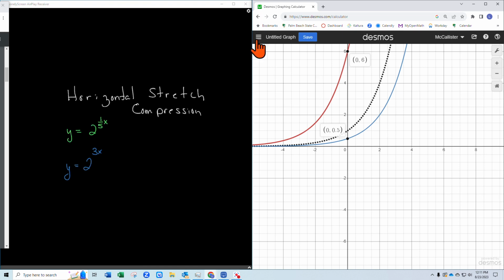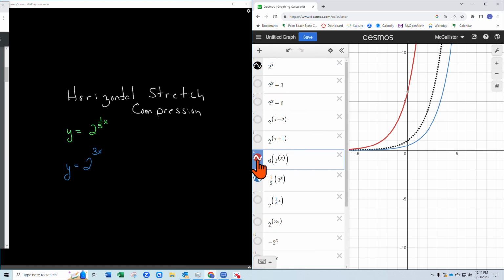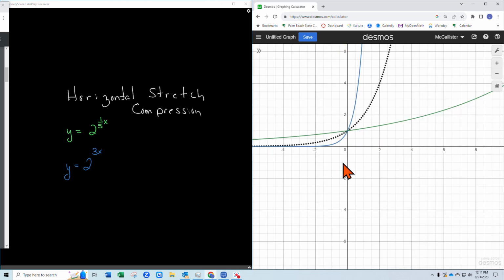The next transformation that we have is a horizontal stretch and compression. With the horizontal stretch and compression, we can't look at this one point right here, because if you look at that point (0, 1), it's the same for everything. So with horizontal, it's how does it change horizontally.